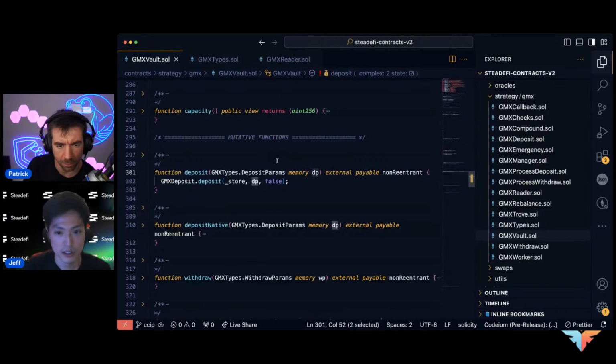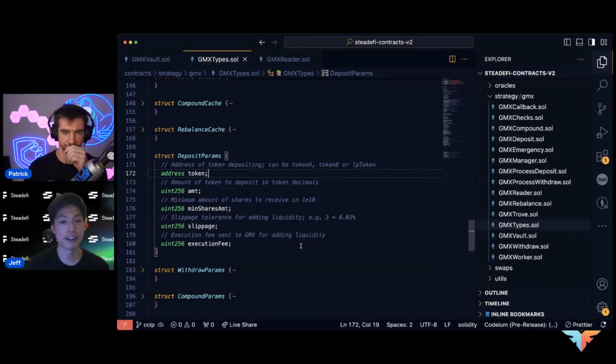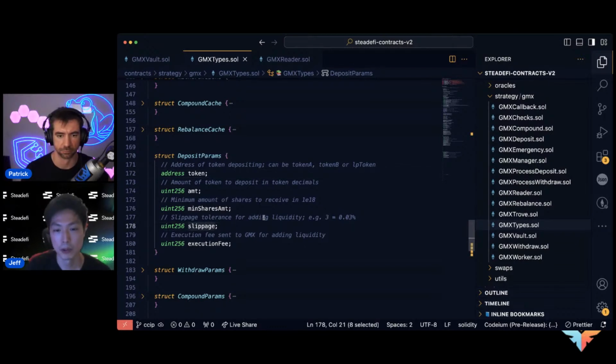Okay, so there's a slippage parameter, which is interesting. So when I deposit this, it's going over to GMX to deposit it. Correct, you got it. Nice. This is quite a big one for auditors that are familiar with DeFi, beyond the code, because it could be a potential issue.